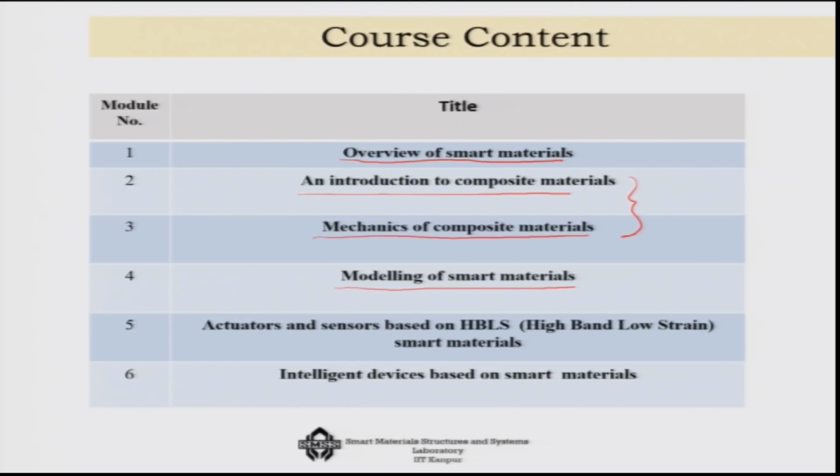To do that, our first step will be to talk about actuators and sensors, which are based on HBLS, which is high band low strain smart materials. Smart materials are generally categorized into 2 groups: one is high band low strain and another is low band high strain.